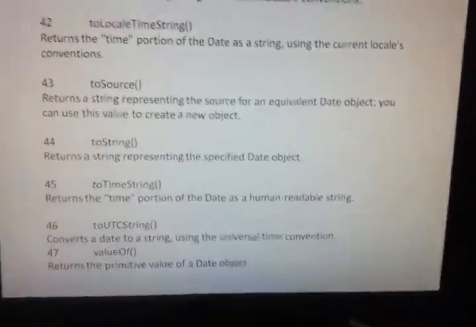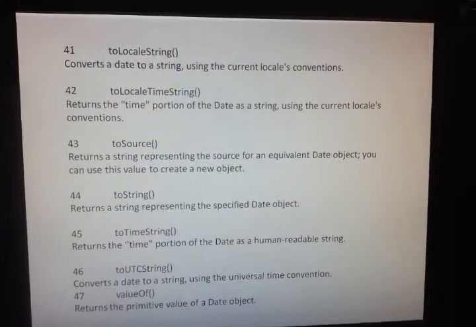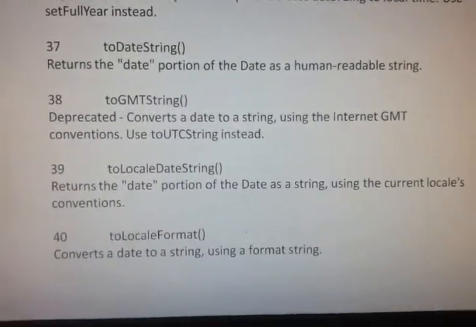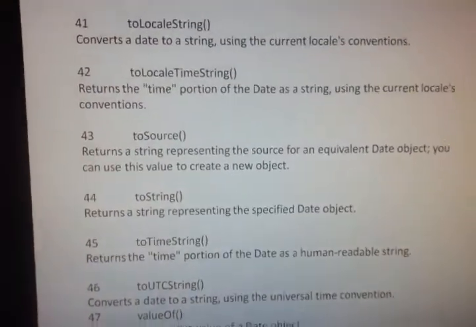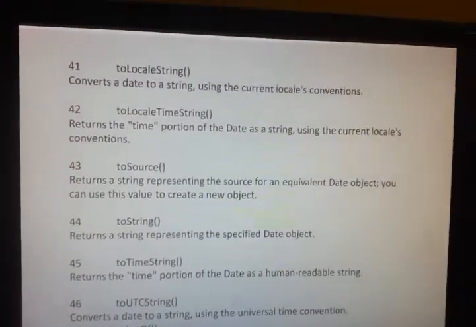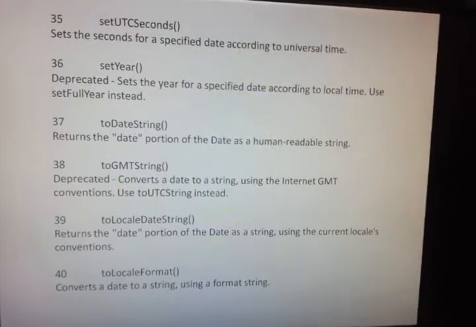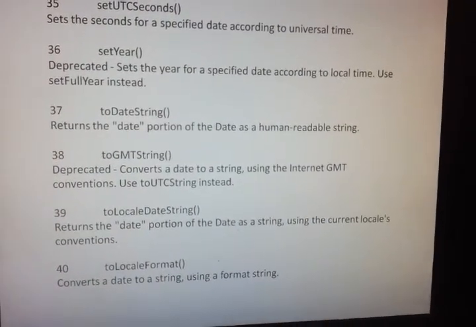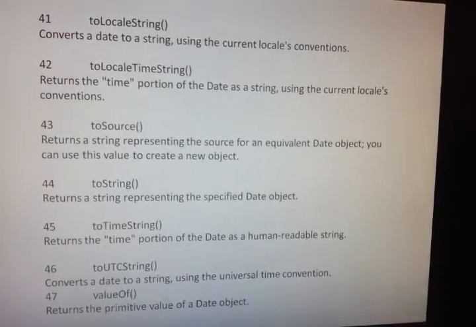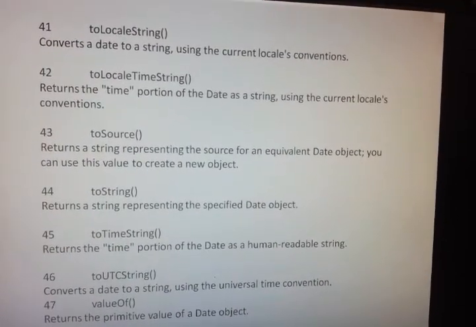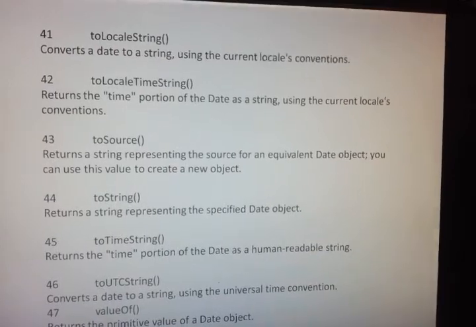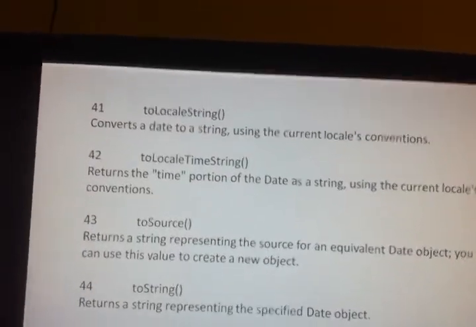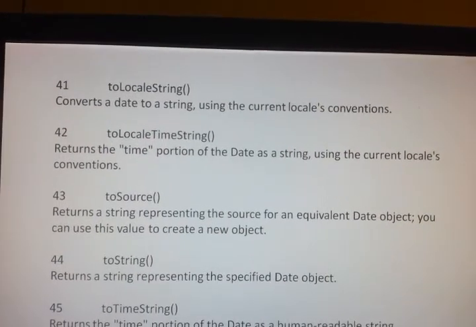Now whatever these methods we are having, like toDateString, toGMTString, toLocaleString, toLocaleTimeString, this we have to write using our date object, that is new. Simply we will just use a variable name, like variable d is equal to date, and we will use this particular method after the date.